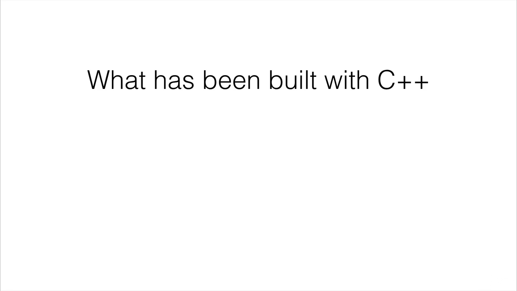Now, getting into a few examples of what was built with C++, we really get to see the power of C++ and how pervasive it is out there in the real world. We have web browsers: Chrome, Firefox, Safari, and Opera, all built with C++.